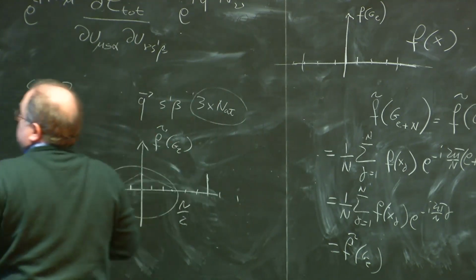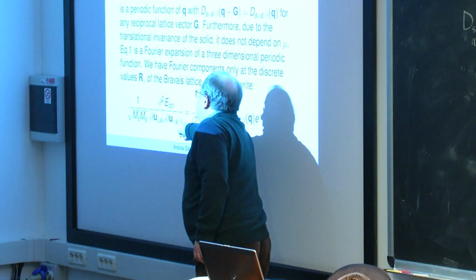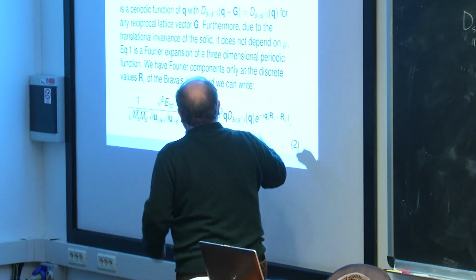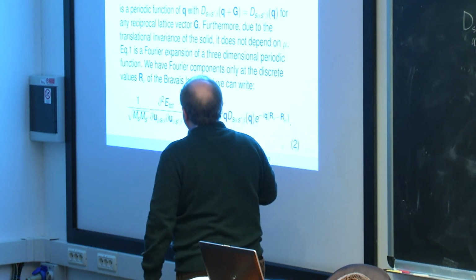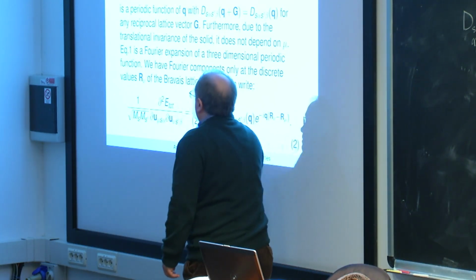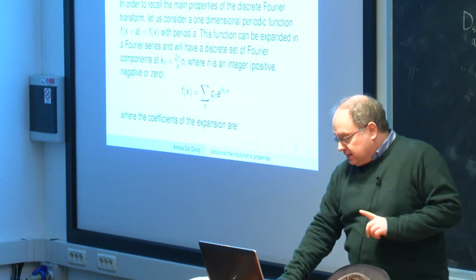And this, in principle, depends on how large is the range of the interatomic force constant. But in principle, by increasing the size of the grid, you can find a grid that is sufficient to have all the interatomic force constants. This is true.